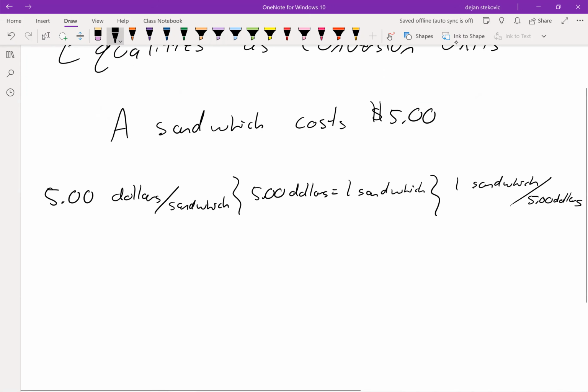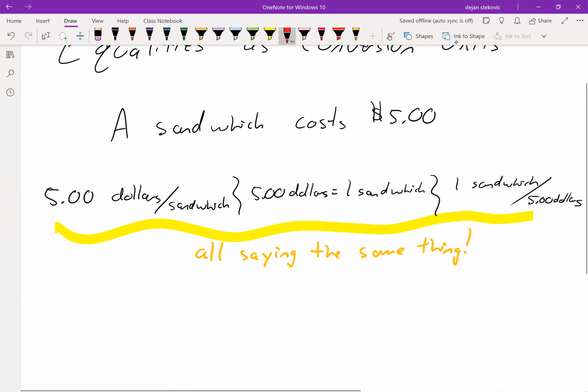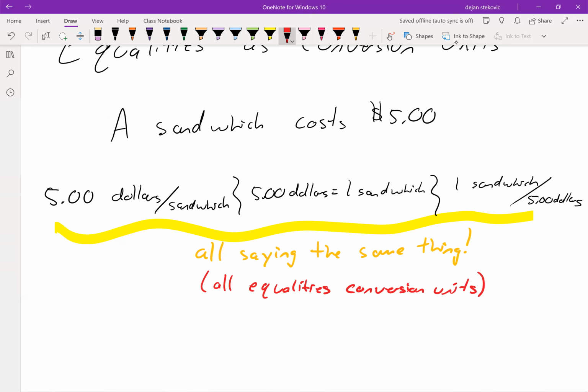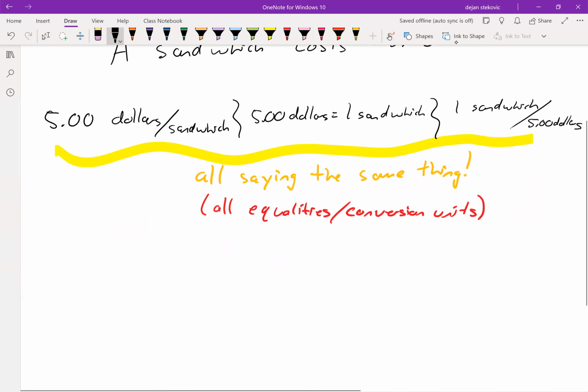All of these three things say the same thing, and they're all equalities, conversion units. They're all saying that $5 is equivalent to one sandwich, or one sandwich is equivalent to $5.